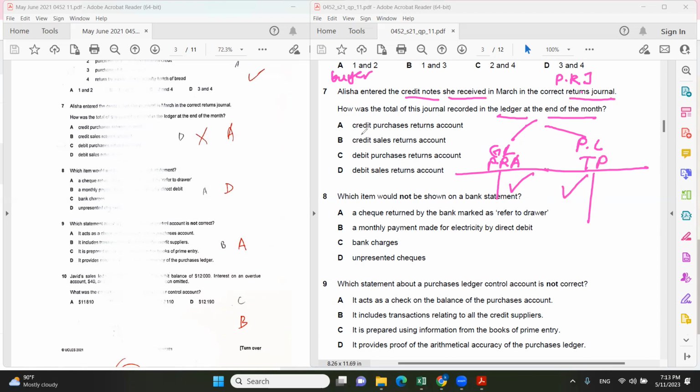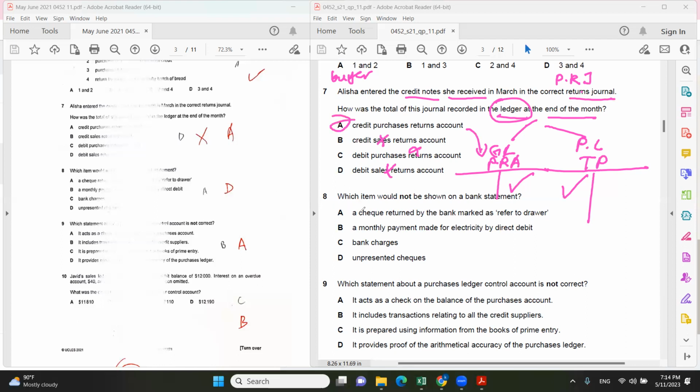So here they are talking about the ledger. What ledger have they given here? They say credit purchases return account, which is this one. The sales ones are not right because the buyer does the recording. Whereas debit purchases return, here I put credit, so this is no. Debit sales return is not right because the buyer does the recording, which is purchases. So the answer should be A.